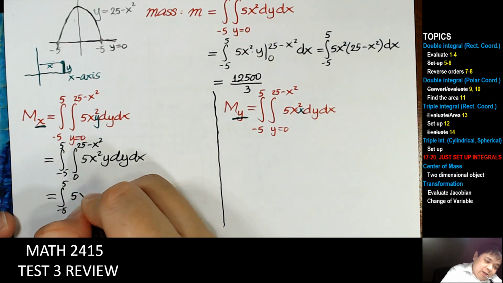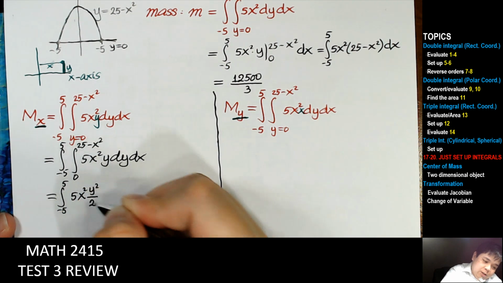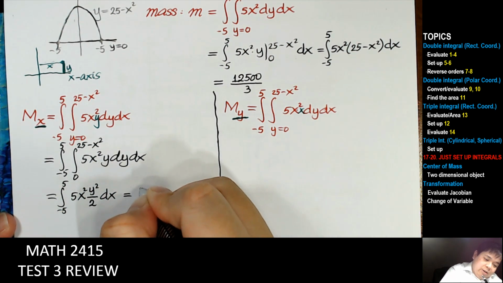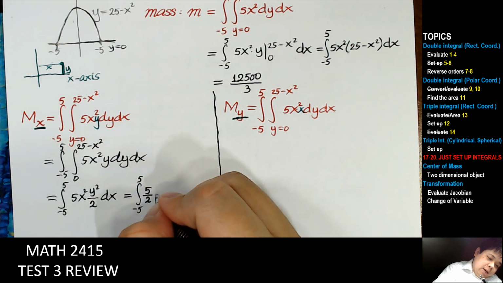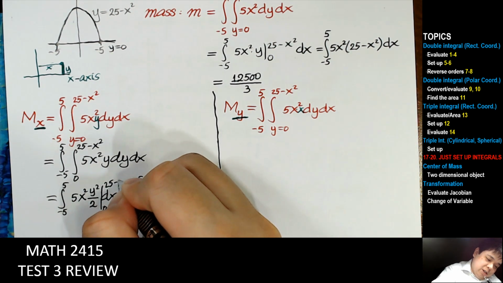What we have is y squared over 2 dx. So we have x squared, the limit 25 minus x squared.